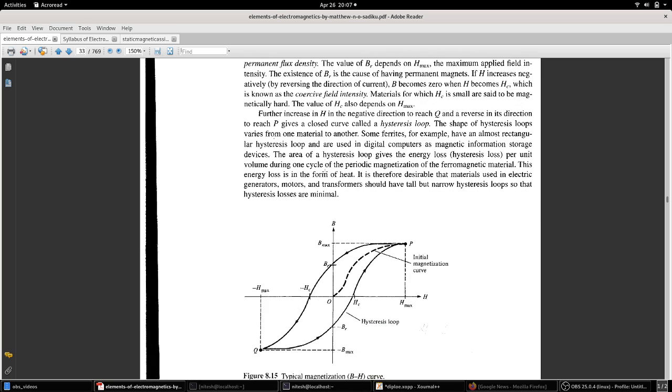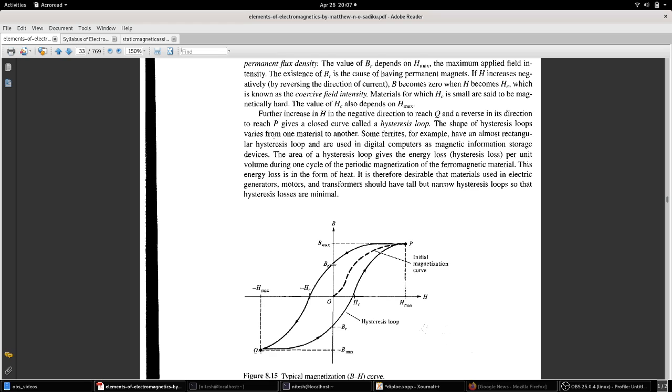Okay, and then you start making this H negative. The moment it reaches minus HC, which is your coercive field intensity, then your B goes to 0 at this particular point. Then if you keep on decreasing your H, B reaches a certain point which is negative, which is your B max on the other side.